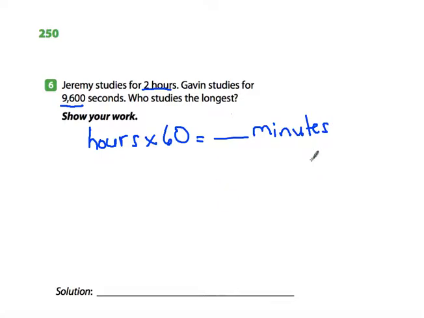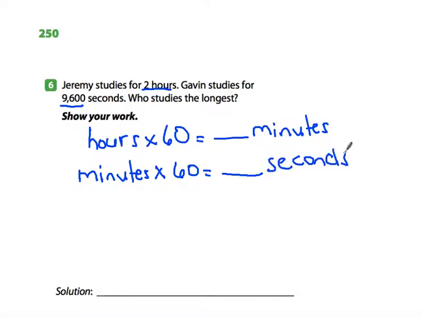And then after I do that, I'm going to take that answer and I'm going to say, well, there are 60 seconds in 1 minute. So that will give me some number of seconds. So this is kind of a two-part problem that I'm doing here.